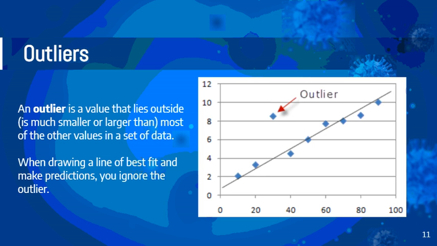For example, if you were looking at someone's height and shoe size, most people that are taller have a bigger shoe size and people that are shorter have a smaller shoe size. But there's probably someone out there that is really tall but has smaller feet, or a little bit on the shorter side but has big feet. They would just be outliers, and that's okay. That happens. The general trend will show what's happening overall, and then you just ignore the outliers. So that's a little bit of a summary of a scatter plot.